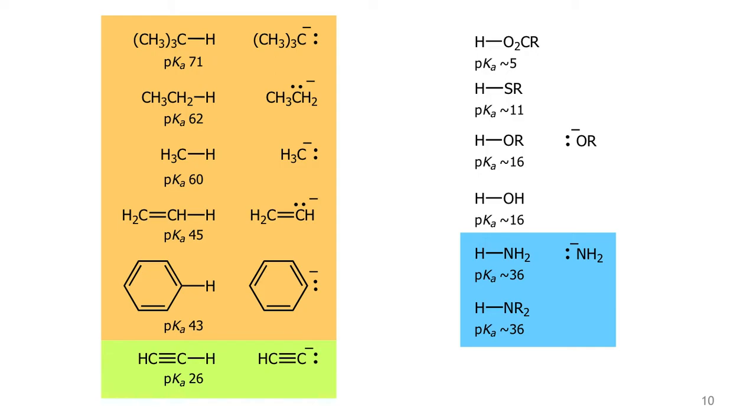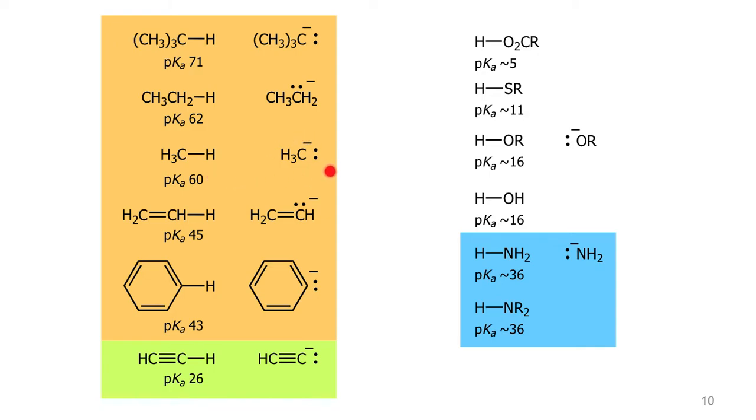To put this in perspective, you can think of these organometallic reagents as being the conjugate bases of some sort of alkane. So for instance, that methyl lithium, which we drew as the anion this way, can be thought of as the conjugate base of methane. Now, methane has a pKa of 60. That's a very high number. That means methane is very non-acidic.